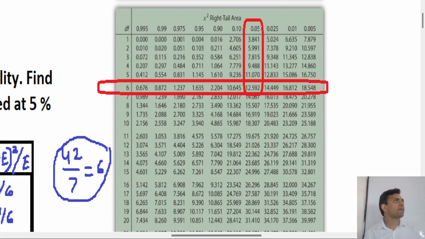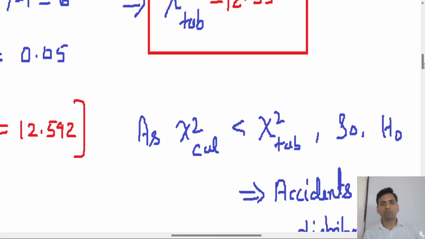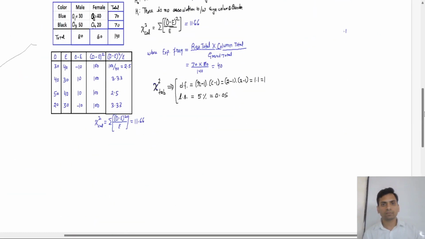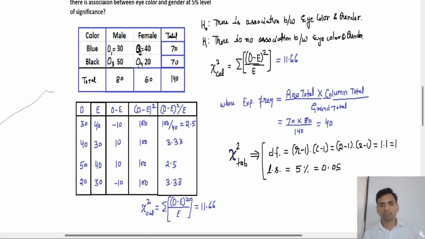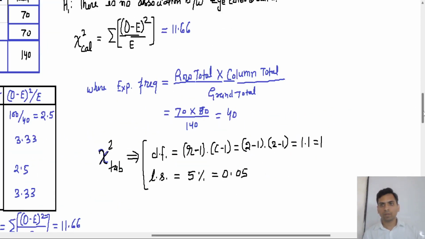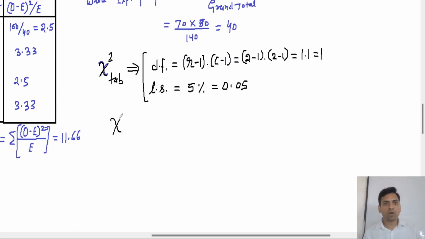So the value of chi-square tabulated is 3.841.